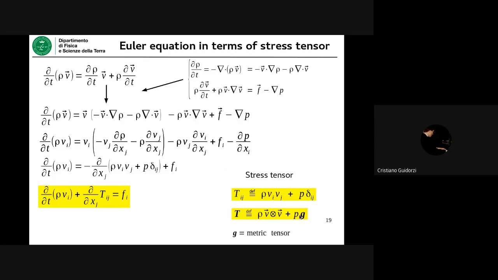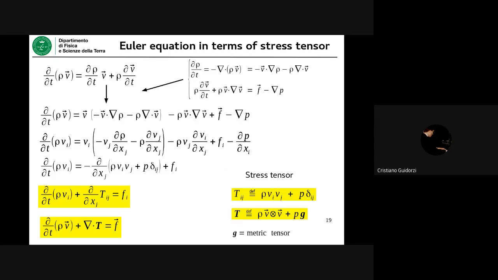But written this way is a more formal way. So we can express the Euler equation using the stress tensor, because in this way you immediately recover a much more meaningful expression of the formulation of the Euler equation.